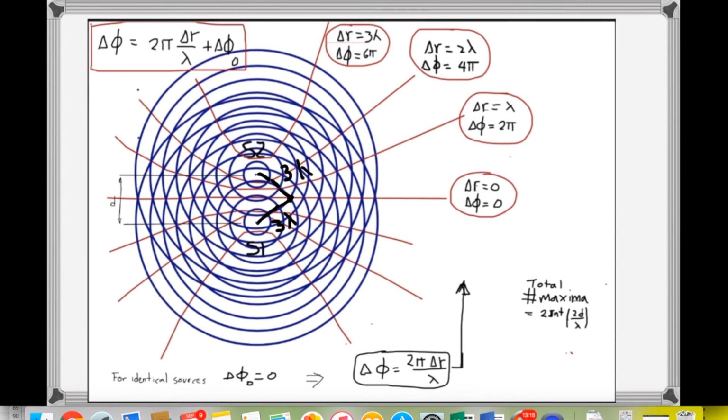The phase of S2 at that location will be 6 pi, and the phase of S1 when the wave arrives at that point is also 6 pi. The difference in phase is 0.